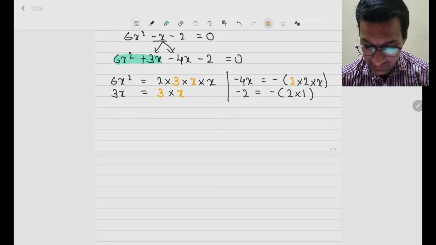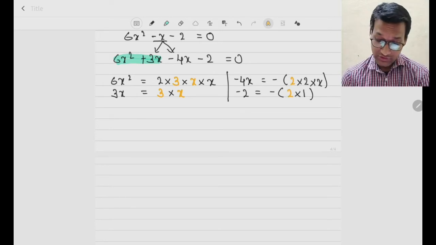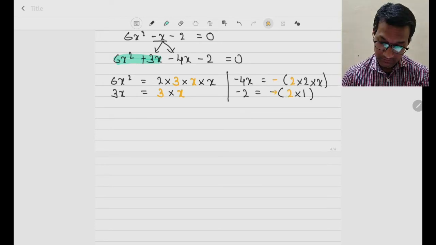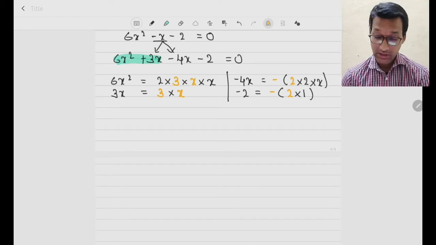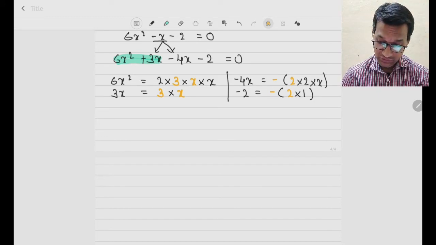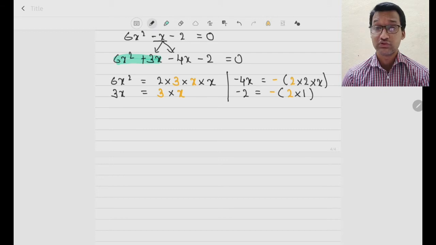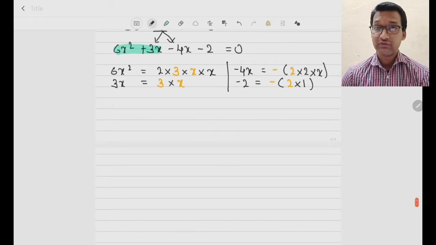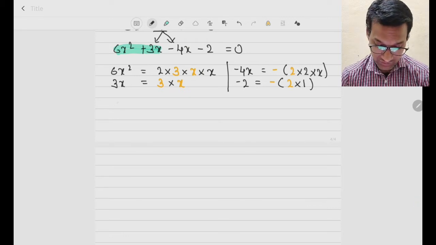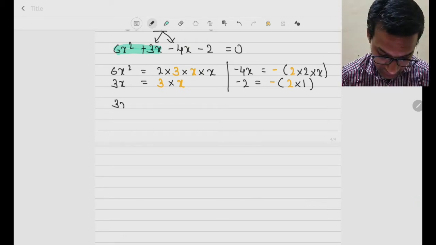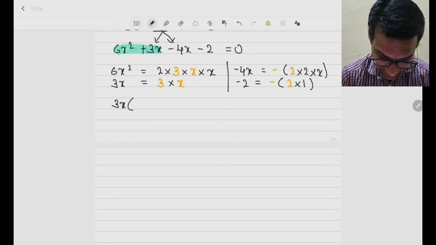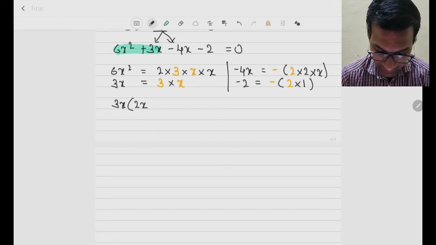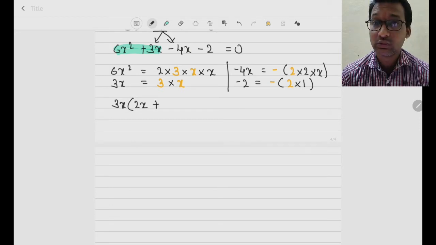Now in the last two terms, what is common? First 2 is common, and see, minus sign is also common here. So we need to take the minus sign also. Let us see how. First we will write about the first two terms. So in the first two terms, we have 3x as common. Now in the first term, what is left is 2x.